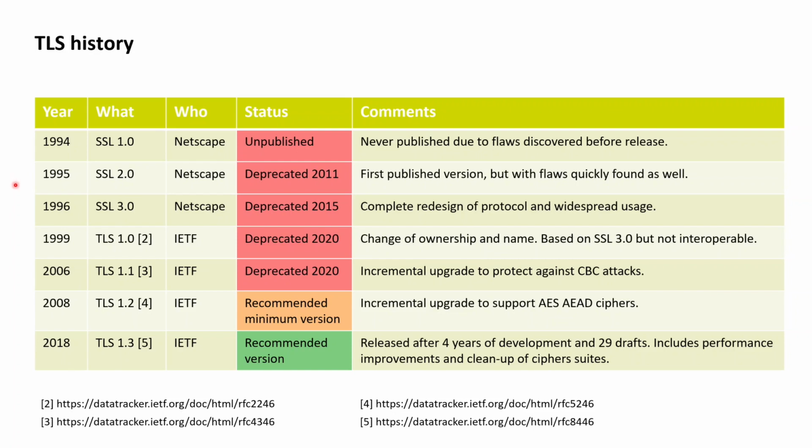In 1996, 1 year after the release of version 2.0, Netscape released SSL version 3.0. SSL 3.0 was a complete redesign of the protocol and, for example, newly allowed for a more generic key exchange, which enabled ephemeral Diffie-Hellman key exchanges instead of the RSA-only key exchange of SSL 2.0.